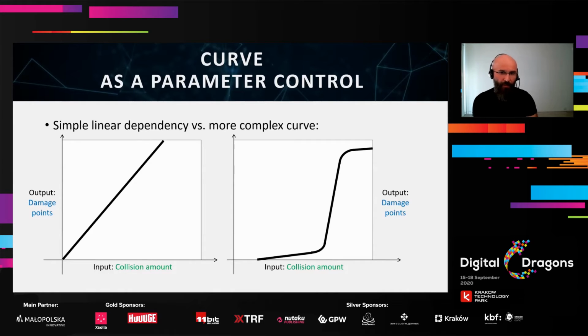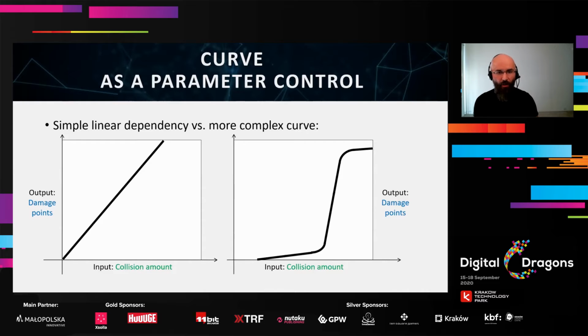And we can think here that a simple linear dependency, on the left, would be enough. So just take the collision amount directly and multiply it by something, and we have damage points as the output. But actually, when we play the game, we realize that it's not enough for what designers want, because for smaller collisions, I don't want to punish the player at all.